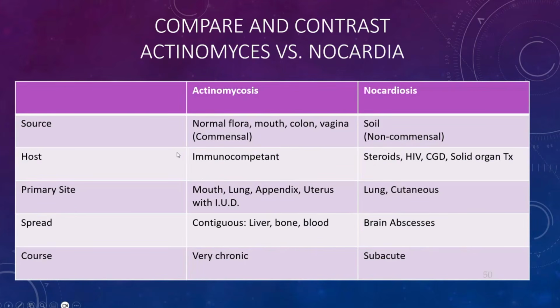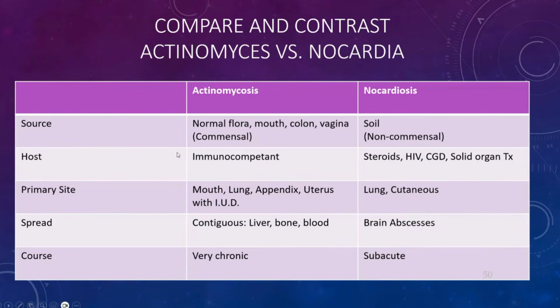The primary site of actinomycosis is the mouth, lung, appendix, uterus, and in those with an IUD, whereas the primary site for Nocardia is cutaneous or the lung. Actinomyces can primarily have contiguous spread versus Nocardia, which can disseminate more remotely, especially to the brain.